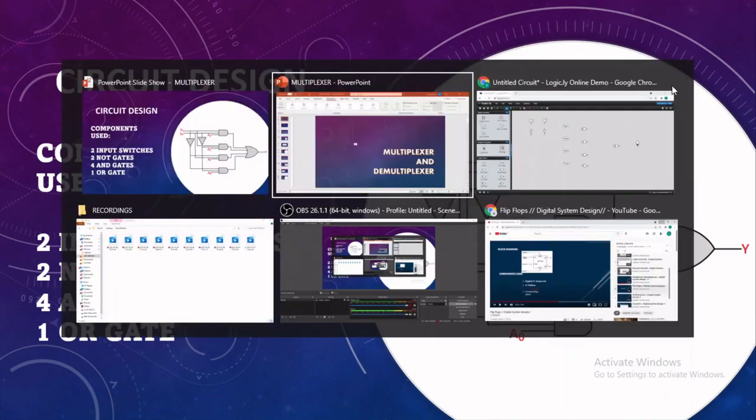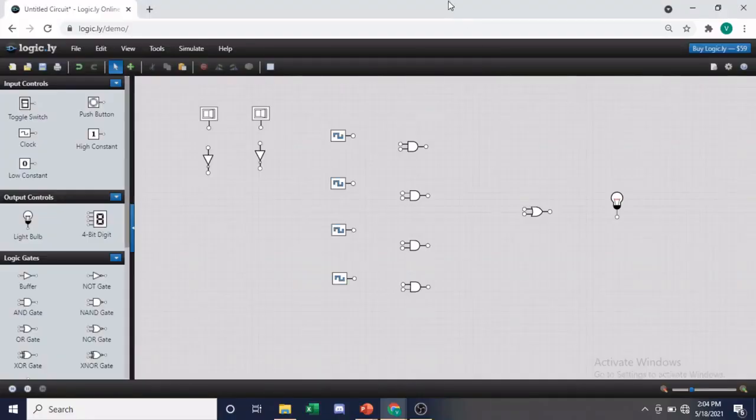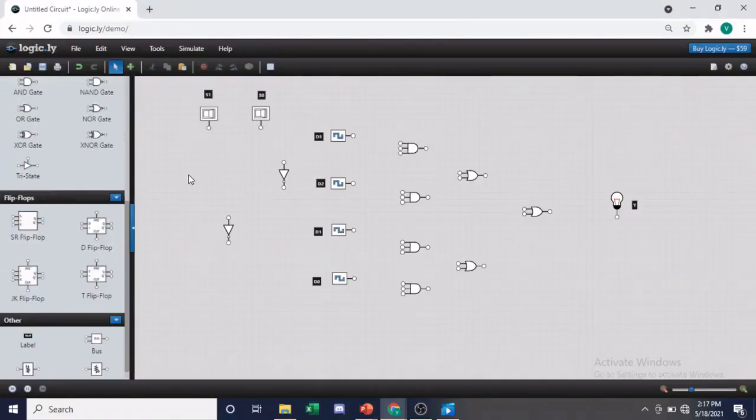Now let us do this practically. So now let us start giving connections. First, the S1 and S0 are directly connected to D3 channel.